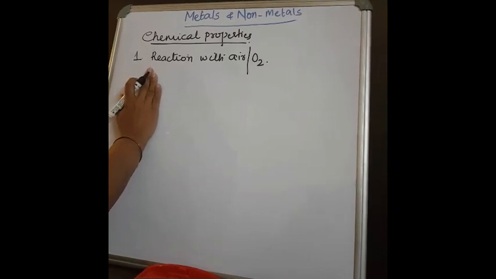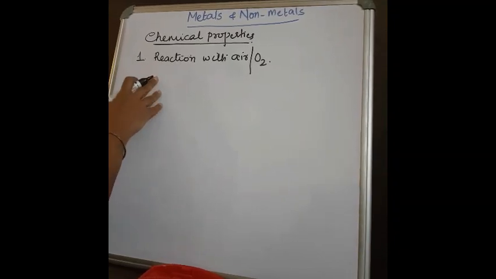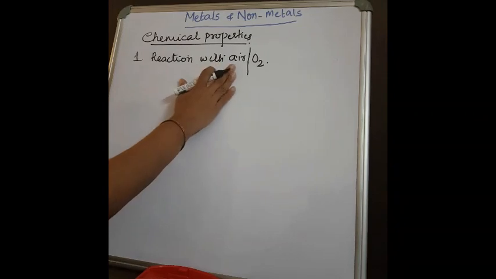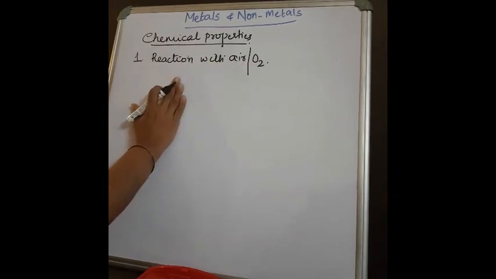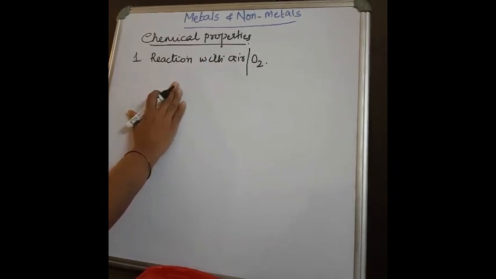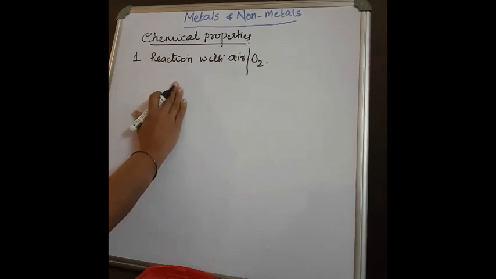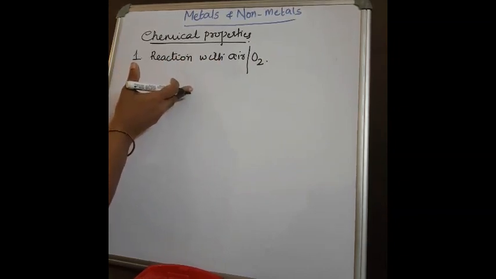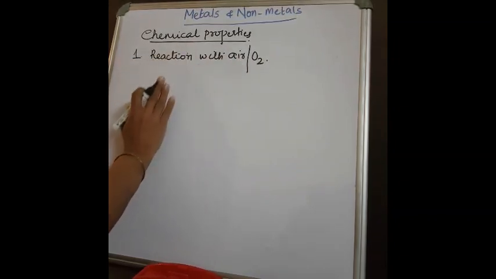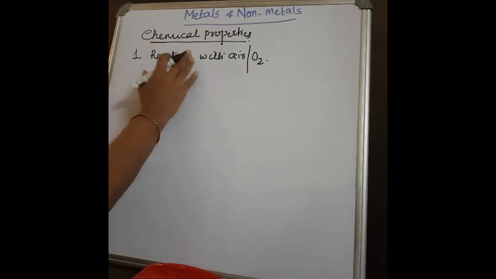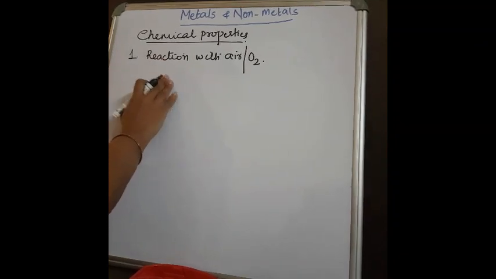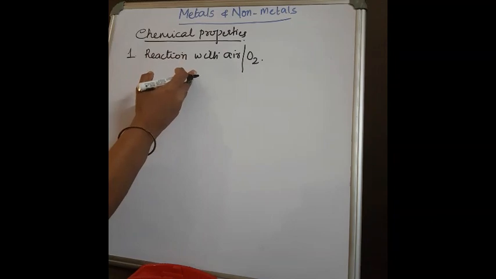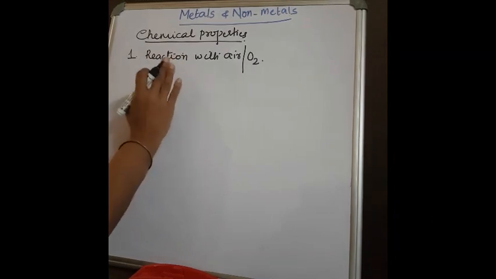And you know, different metals react differently with air or oxygen. Some metals will have more reaction towards air, whereas some metals will have less reaction with air. So according to it, we can see which metal is more reactive and which metal is least reactive.